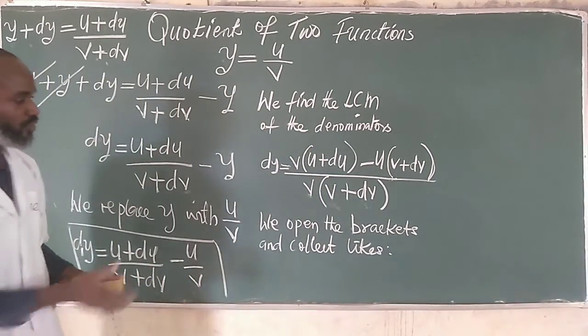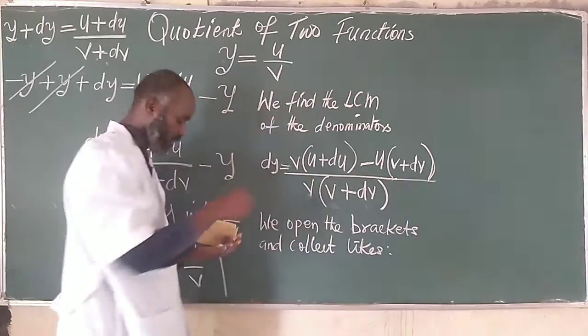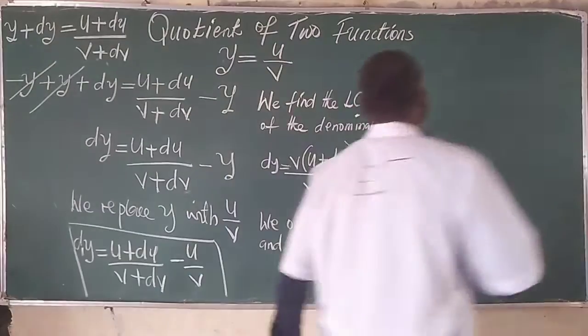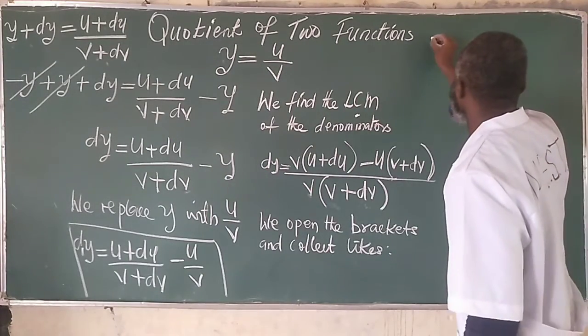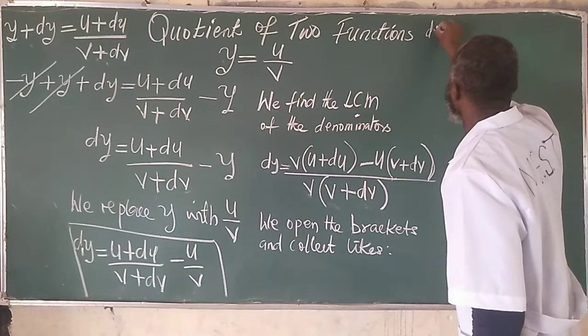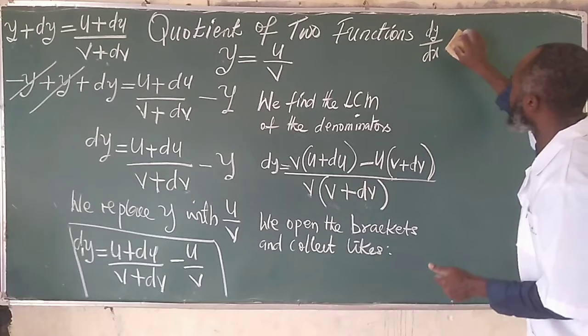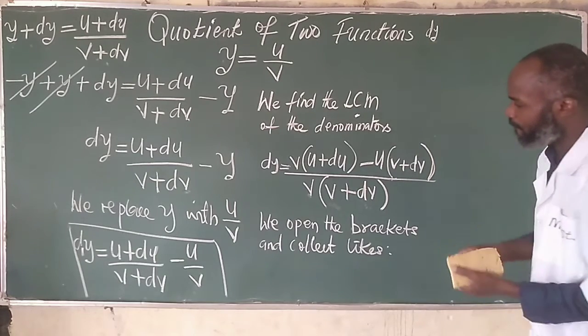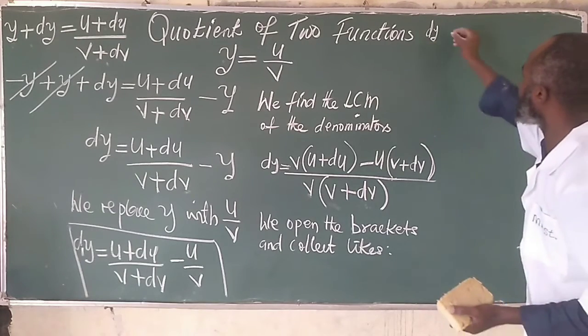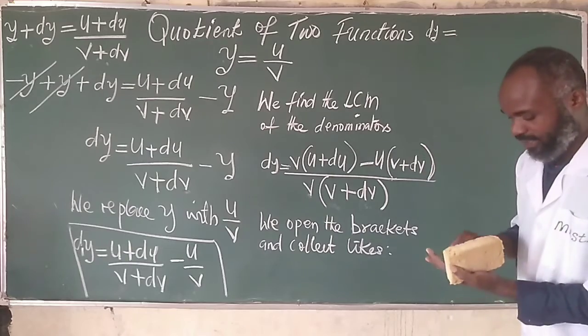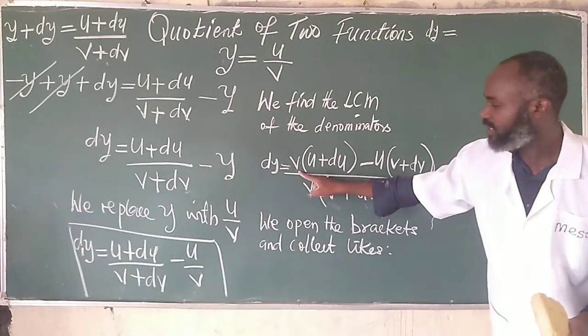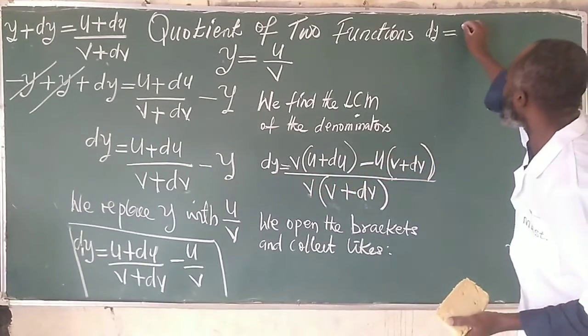So let's see. By the time we begin opening the bracket, we have dy, dx. Sorry, there is no dx yet. We are going to introduce that later. So we open the brackets, it becomes dy. Look at this. v times this is going to give us uv.